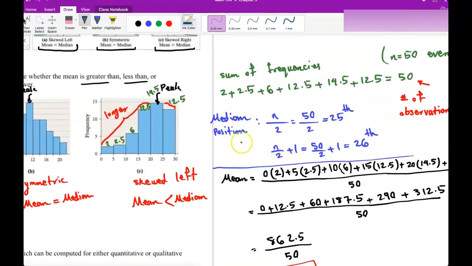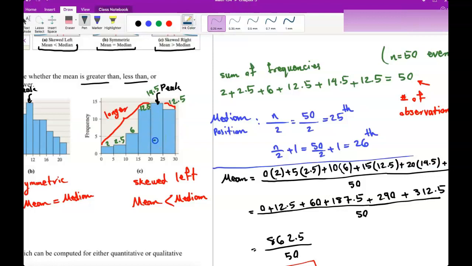Now let's see where our median is. Median is adding all these: 2 plus 2.5 plus 6 plus 12.5 plus 14.5. We have 10.5, this is 23. So obviously 25th is here and also 26th is here.